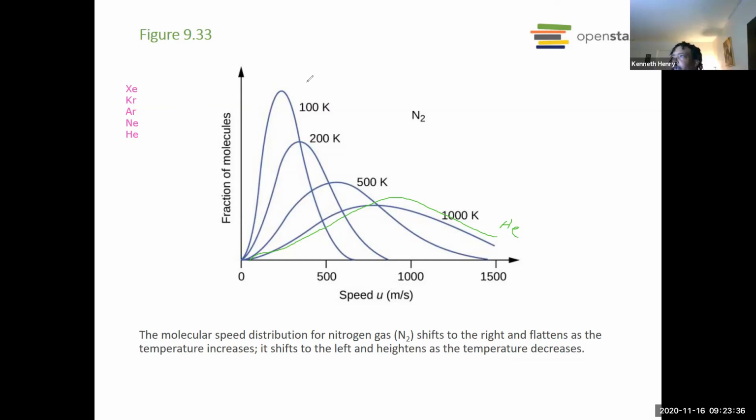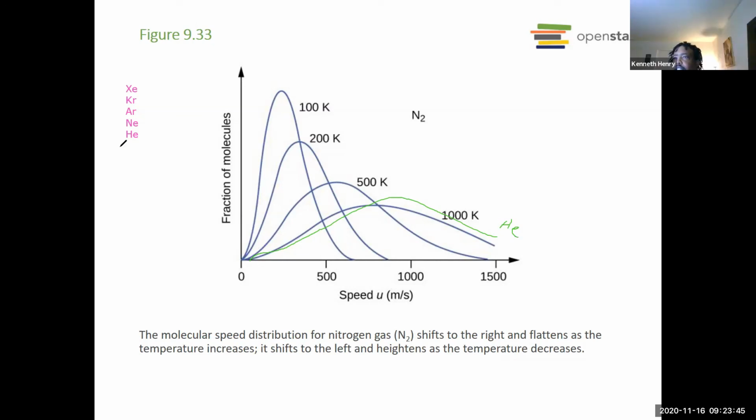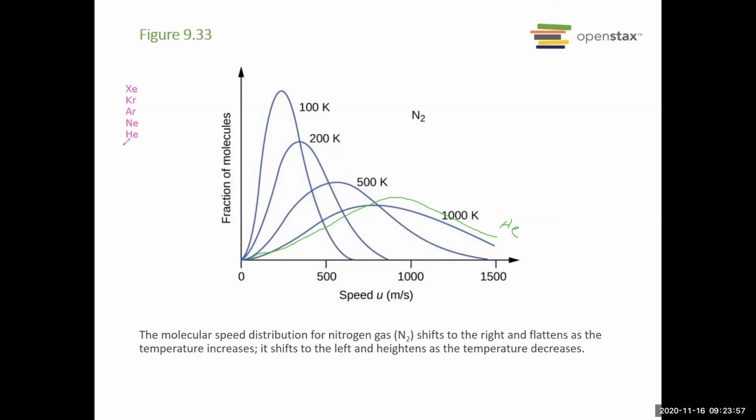Mauricio is going to get the baton now. Mauricio? Yes, I'm here. Okay, which one do you think is going to be next? She says the fastest one, the one that's going to be the most distributed, is going to be helium. Which one do you think is going to be next? I think the next one is neon.